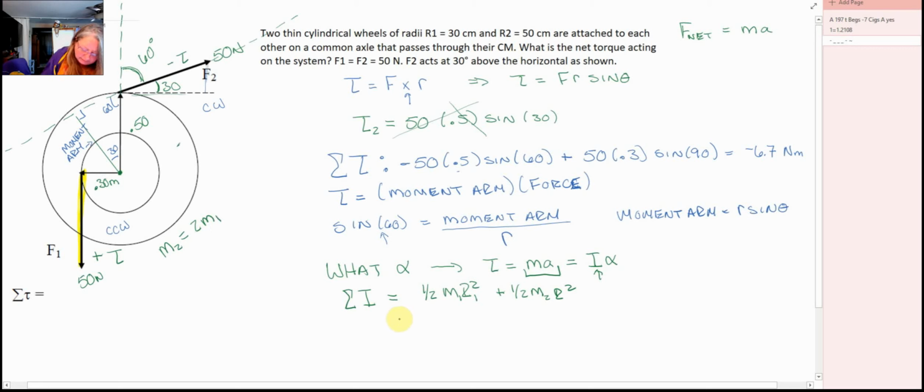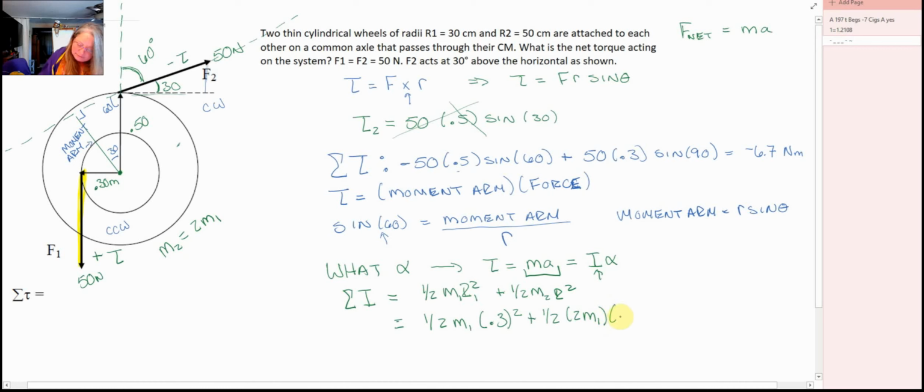So I'll get that I is going to equal 1/2 mass 1 r1 squared. Well, we know what that is. R1, I'm giving this 0.3 meters as the radius. So 0.3 squared, and then plus 1/2 m2. Well, m2 is twice mass 1. It's just going to let us combine some things.